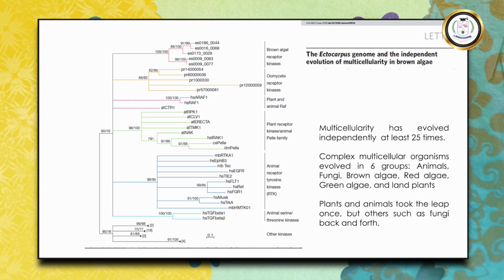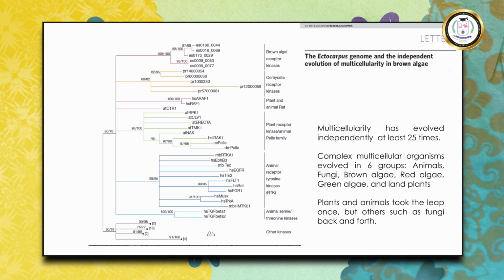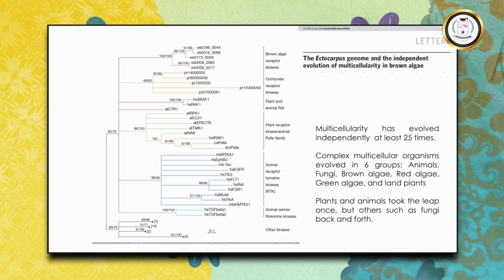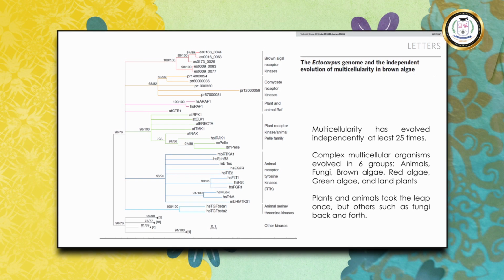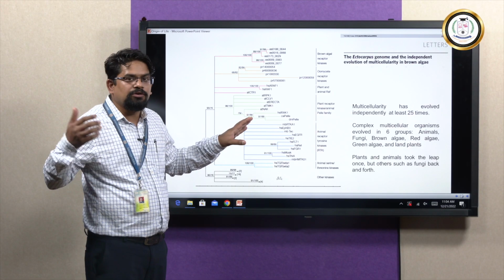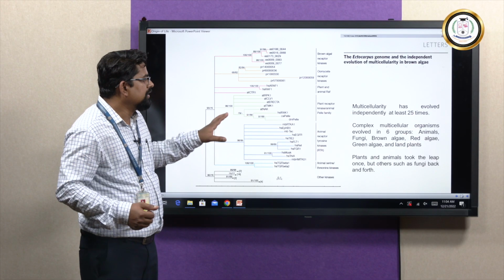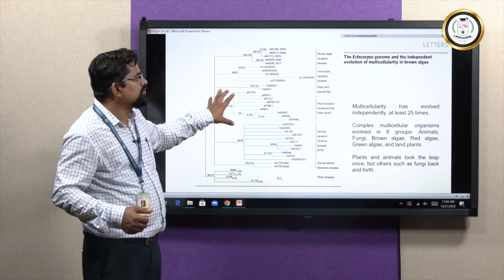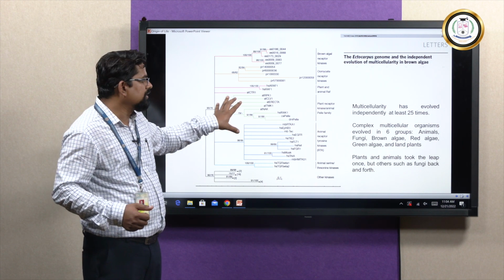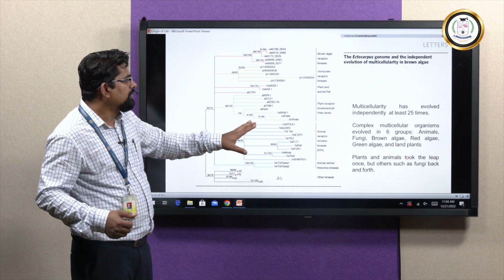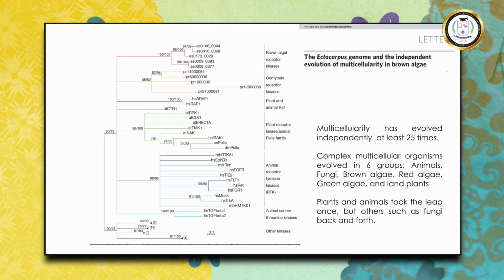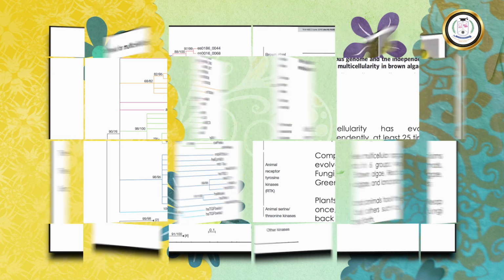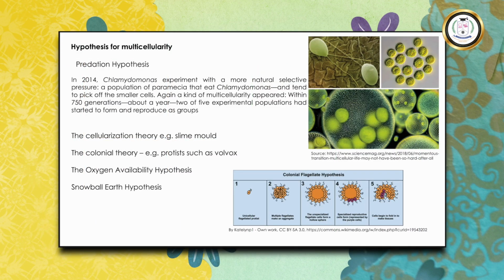When the genome was studied, it was found that the evolution of multicellularity in the brown algae is independent, and it is not similar to the red algae or to the land plants and green algae. So similarly, we have multicellularity evolution in animals, fungi, brown algae, red algae, green algae, and the land plants.